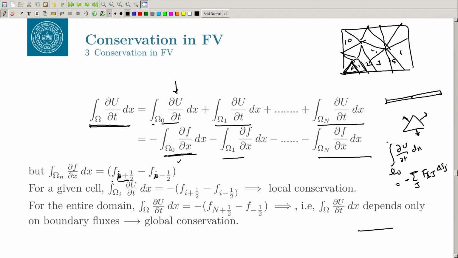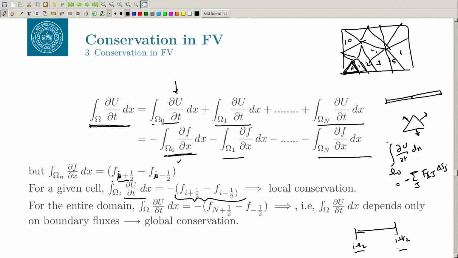If it is 1D, you can just see that this is my I plus half and this is I minus half, and you just have to consider the difference there. So, whatever change is happening inside the body with time is basically depending only on the boundary flux for that particular cell. In this case it depends on all three faces, in 1D it depends on only I plus half and I minus half. That means you have local conservation.